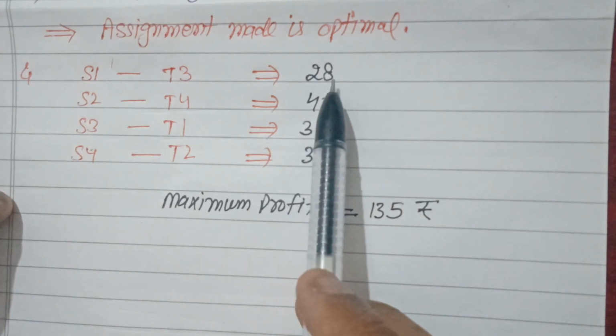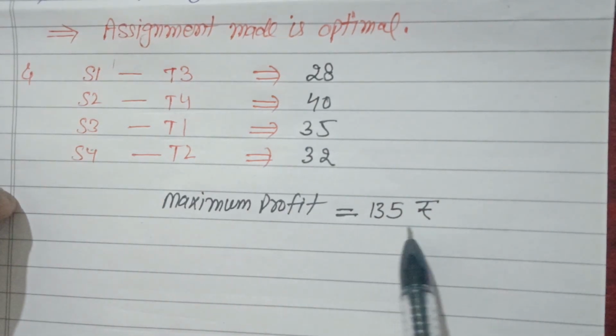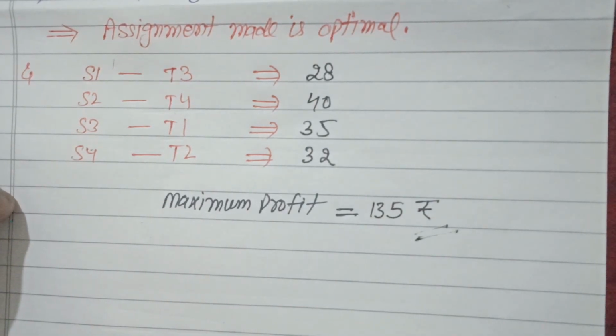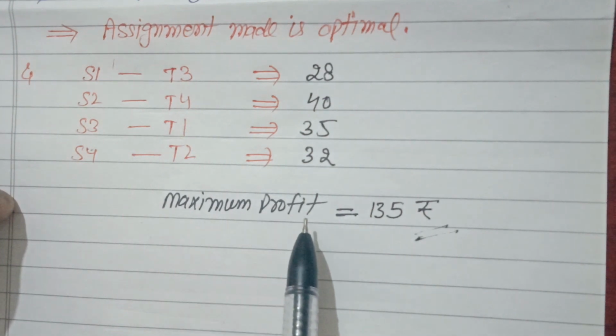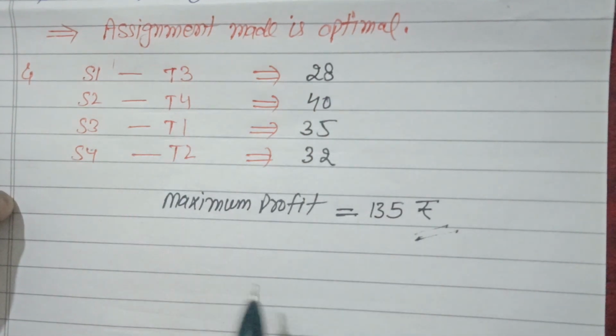Now if you add all these values, you will see that the total comes out to be 135 rupees, and this is the maximum profit. So this is the method of solving a maximization problem using the Hungarian method.